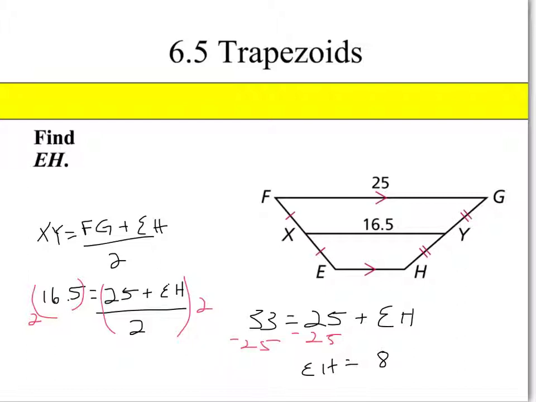That mid-segment should be right in between both of them. So if you look at it, EH is 8. We know that in order to get from EH to XY, you have 8.5 here. And in order to get from XY to FG, you have another 8.5 here. That's going to be the exact same. Okay, it's going to be in the middle.